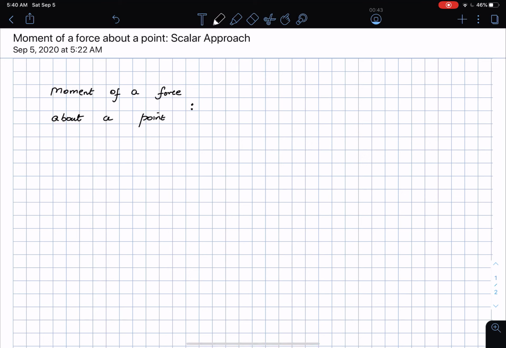So this is the tendency of the force to cause the body to rotate about that point.